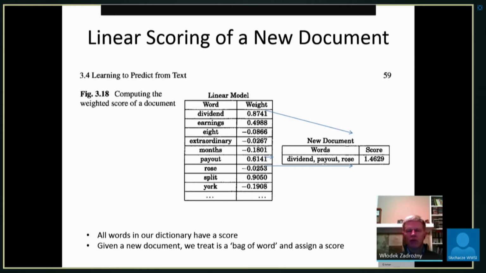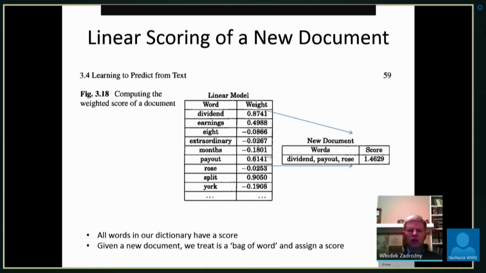In this case, we have a class named earnings, company earnings, and we have a model with features. We have words like dividend, earnings, extraordinary, split, and then we have weights, which can be positive and negative. Essentially we add these weights and get a score, and in this case the score is almost 1.5, and therefore this would be classified as earnings.